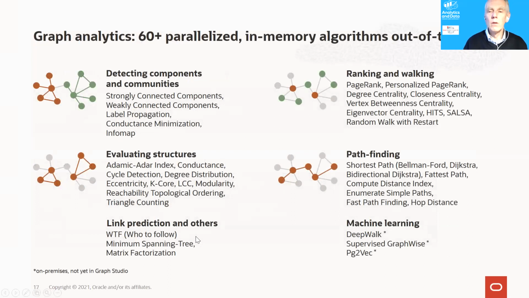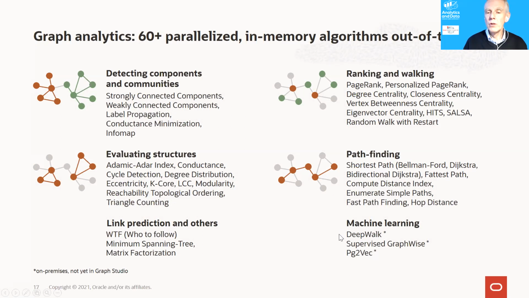And with that, we can combine the query language with the algorithms. Here's a list of algorithms which we already have in the product. Just a quick reminder on the machine learning ones. We've just released, a few weeks ago, the 21.1 version of the Graph Server and Client Kit.